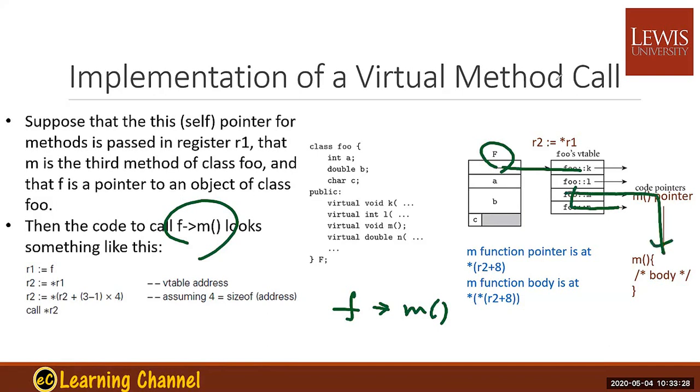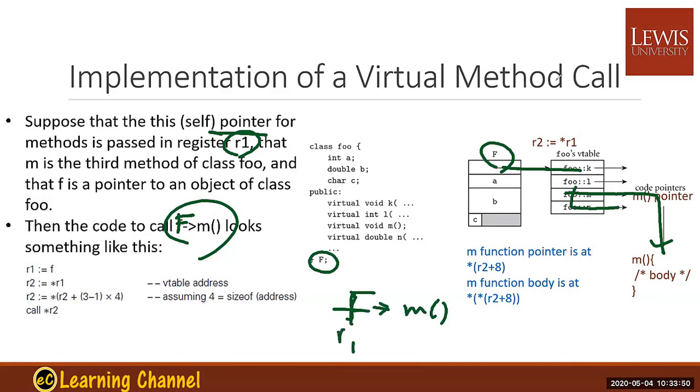Okay, in terms of calculation, let's see. The self pointer is R1. So the F object, I think this should be capital F, is R1.